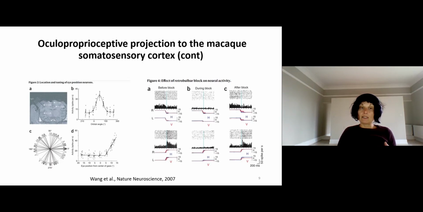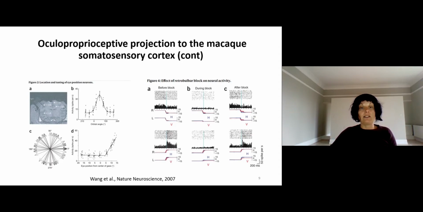So the neural activity that coded the direction of gaze and the amplitude of the gaze was very likely to be proprioceptive, but it is not certain, because the monkey used active eye movement, so one could in principle see the effect of the motor command.